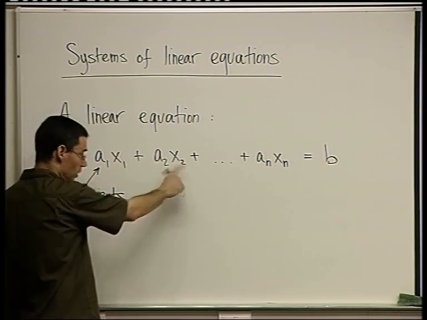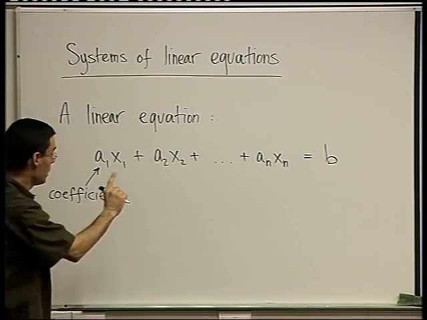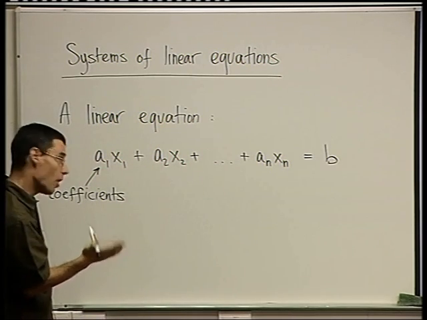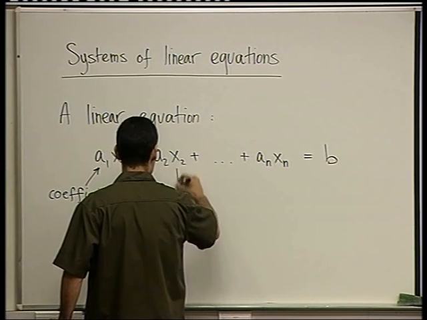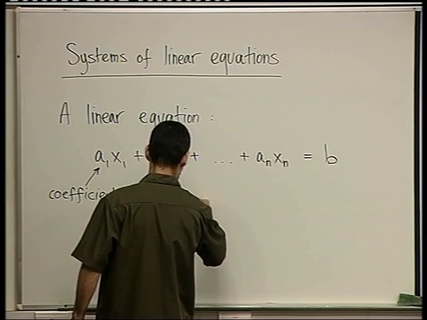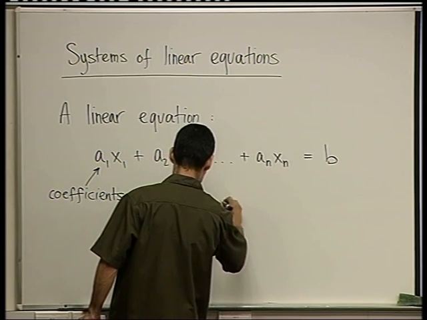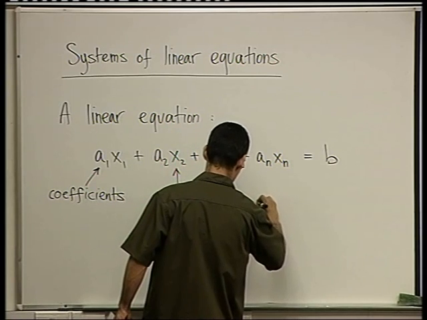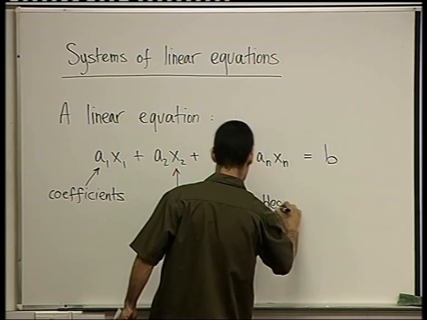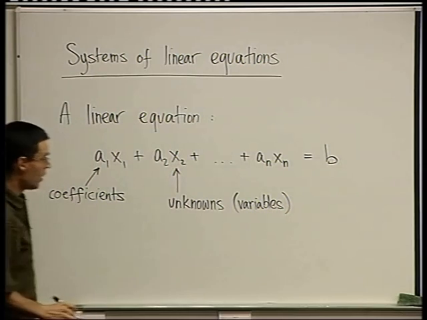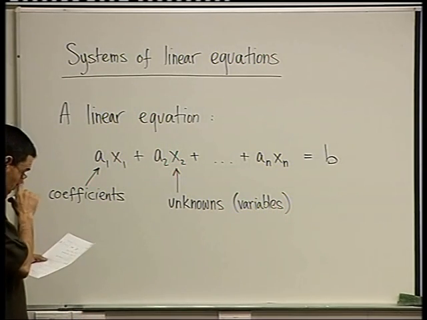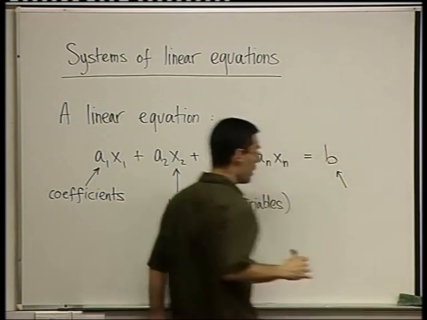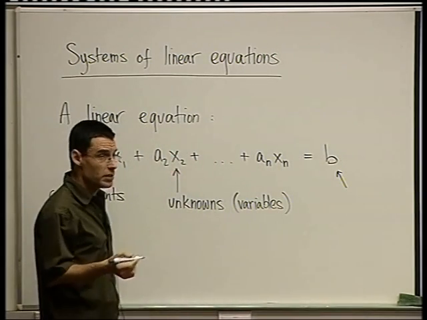And the x's, and these are not powers, it's not a polynomial, these are just different x's, are called the unknowns, often called the variables, or unknown variables. And b is sometimes called either the free coefficient or the constant or something like that.